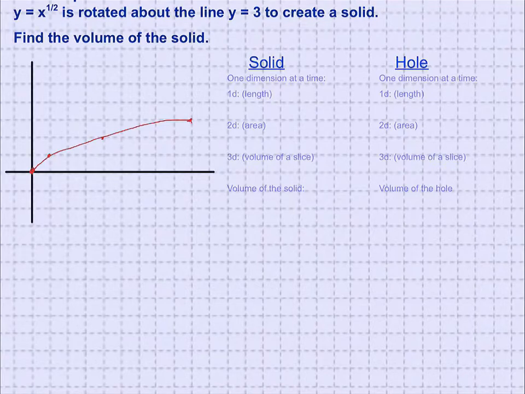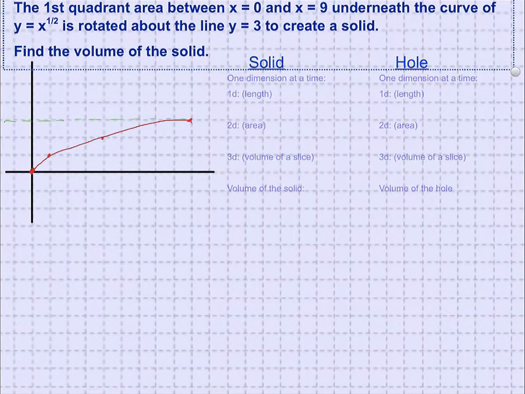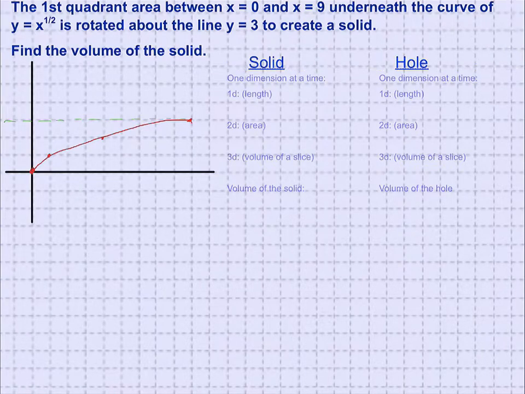But this time, instead of rotating it around the x-axis, we're going to rotate it about the line y equals 3. So actually, there's some words missing here. Sorry, I'm not sure why that was cut off.